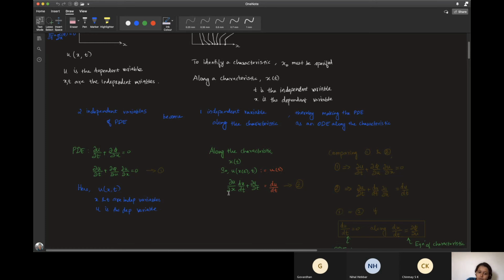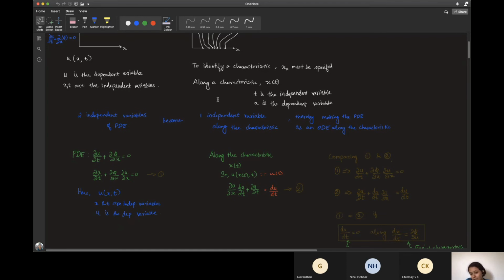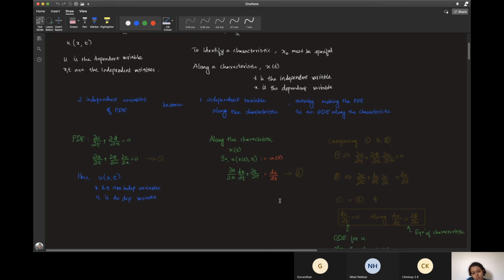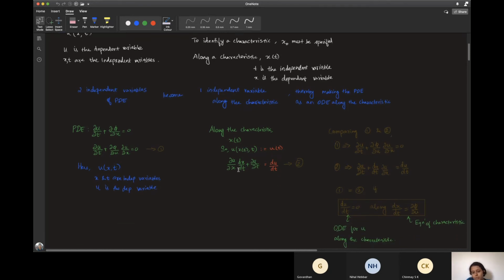So that becomes dou u by dou x dx by dt plus dou u by dou t. So along the characteristic you have this equation, and your given PDE is this. So based on the idea that along a characteristic you have just one independent variable, we are able to write another differential equation, which is 2. So now we can compare this 1 and 2.